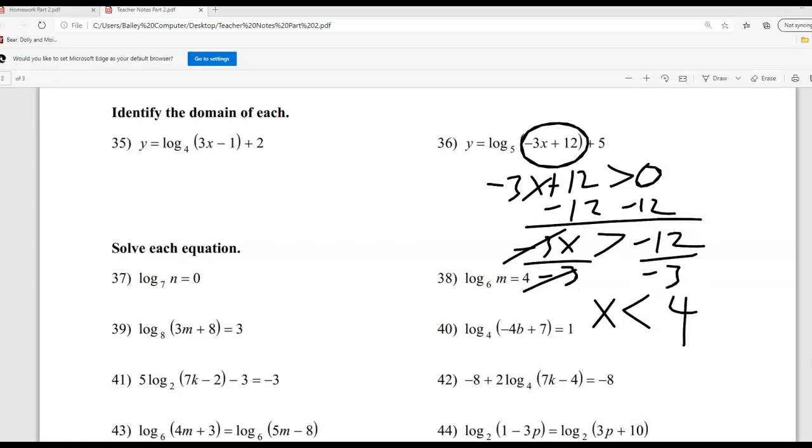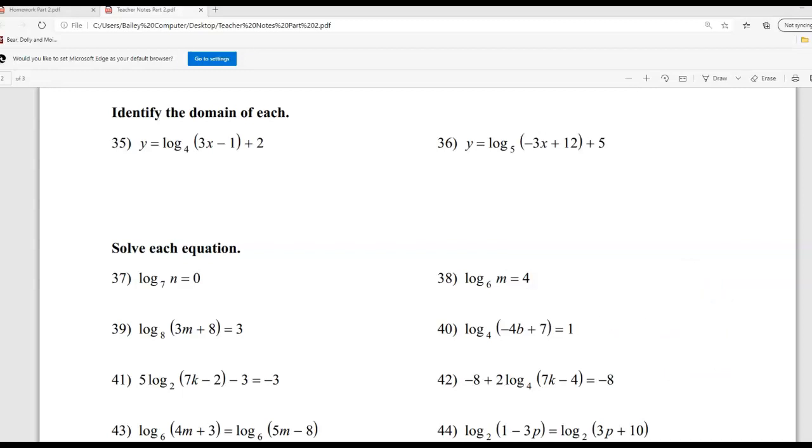What matters is if the number you're dividing by is negative. And since that's negative, it causes the inequality to reverse. So now what this is telling us is that x has to be a number that is less than 4. So for this logarithm here, you would only be allowed to plug in numbers that are less than 4. And that's what we mean by domain.